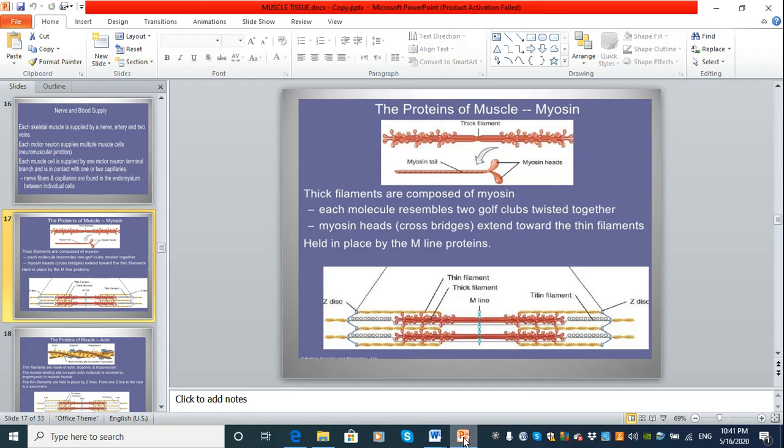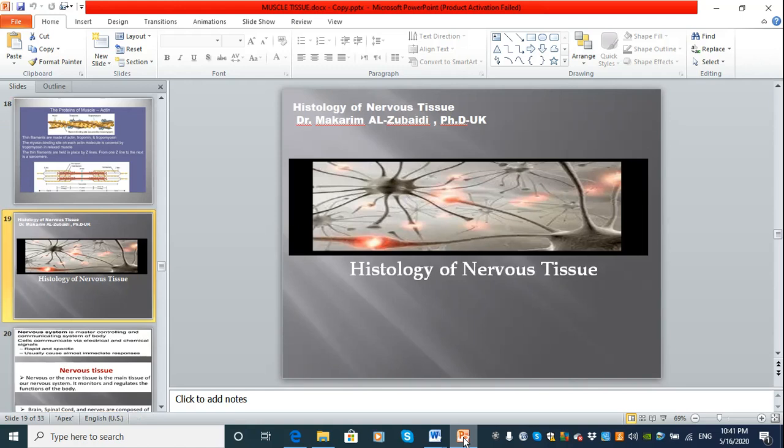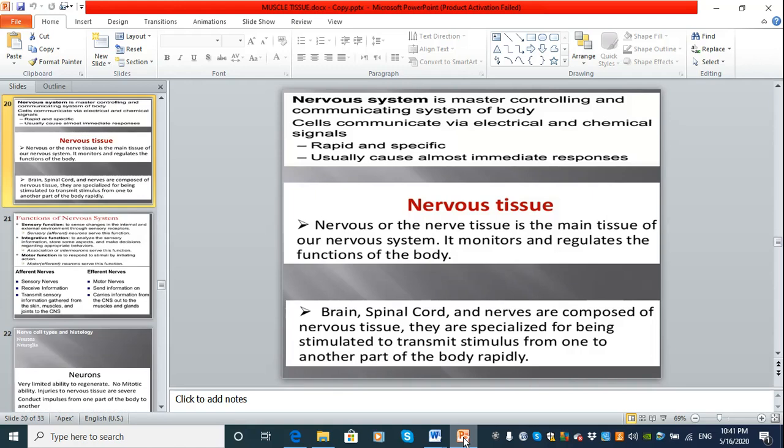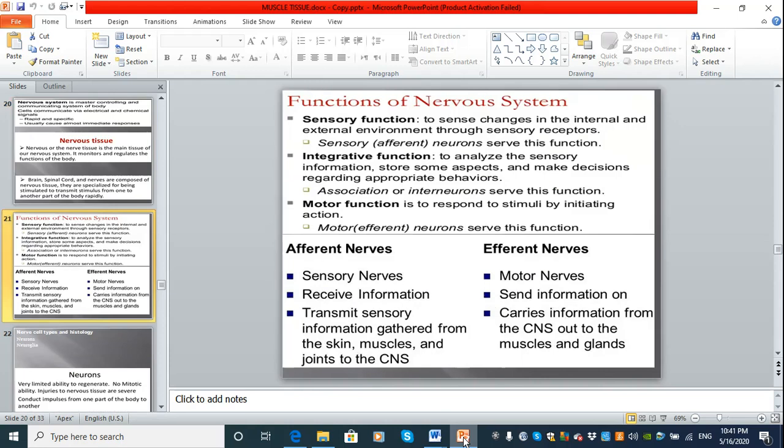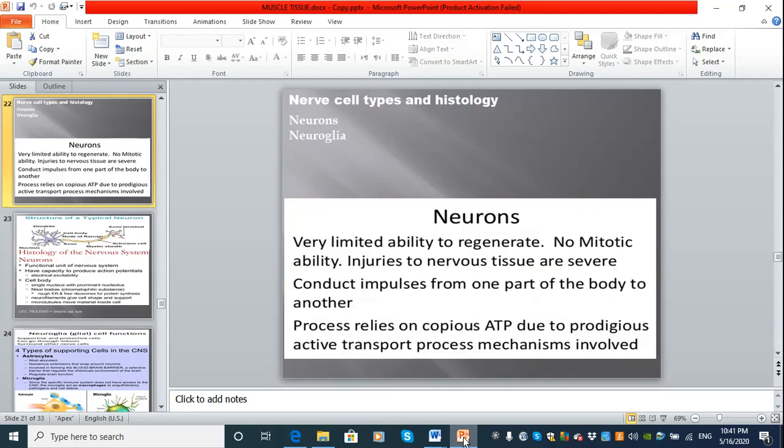Okay, just explain it. For nervous tissue, the first slide is just for overview or explanation. Then the function of the nervous system is important. Afferent and efferent, this is also important.